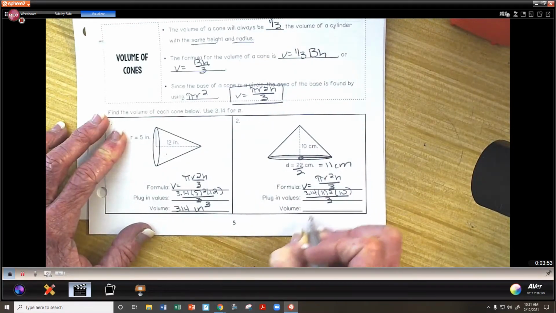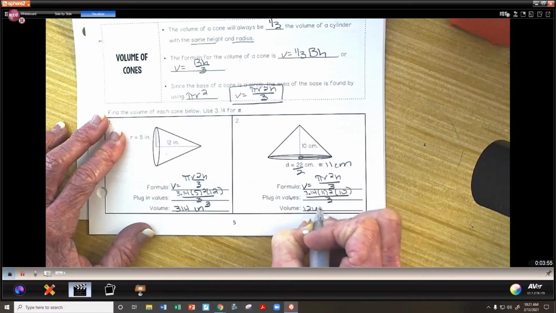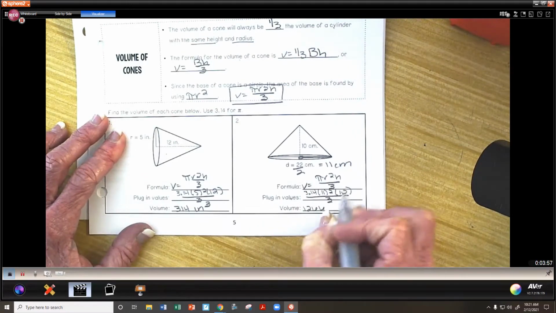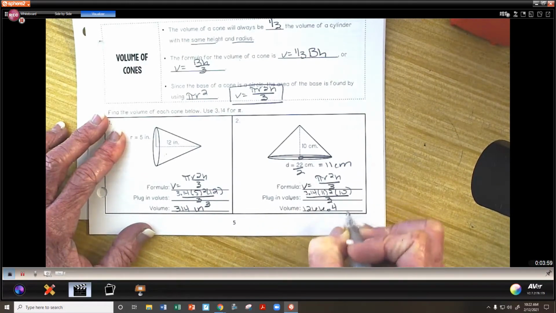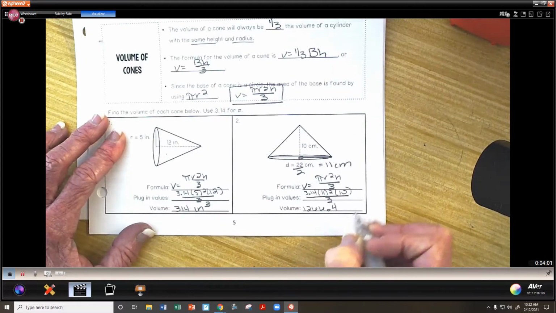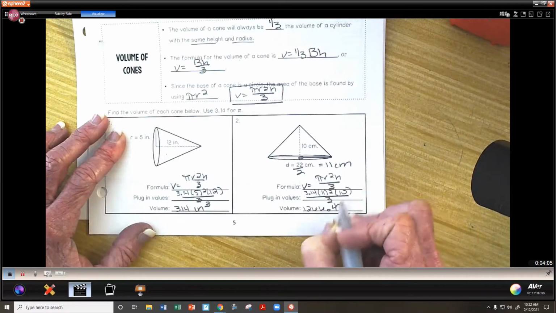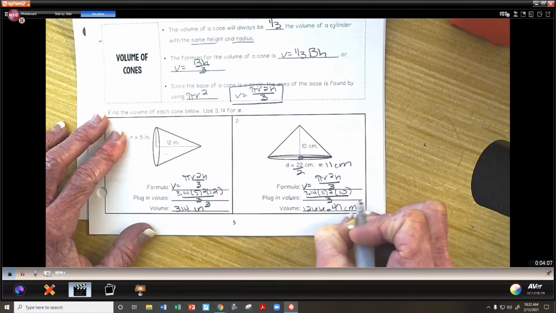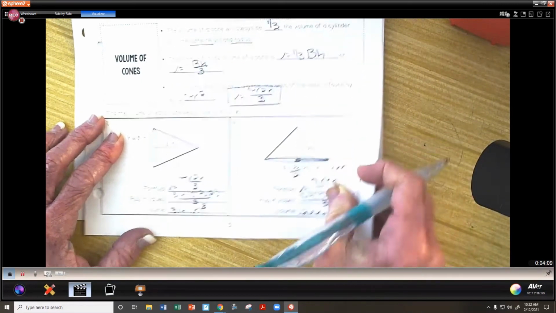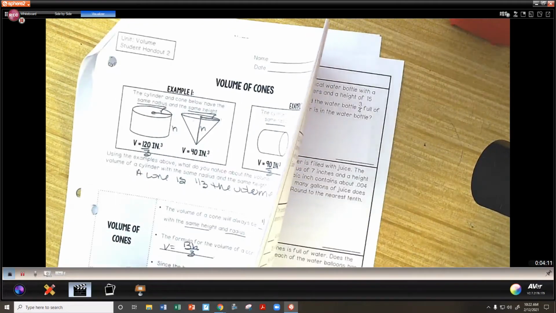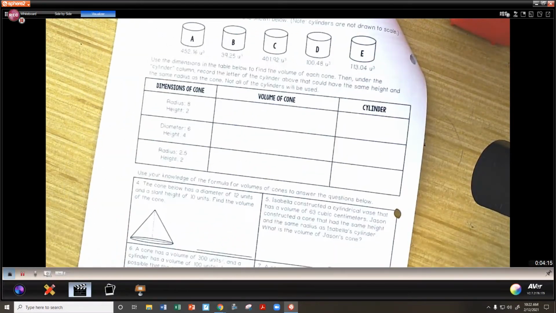And when we do that, we are going to get 1,266.47 centimeter cubes. They say it's 6 repeating, but I'm just going to round it up. All right, flip the page. On to the next one.